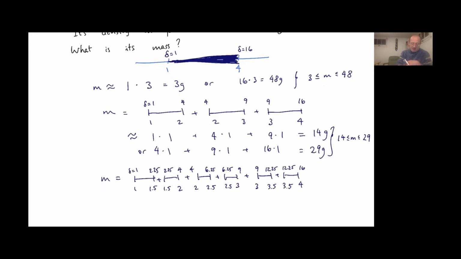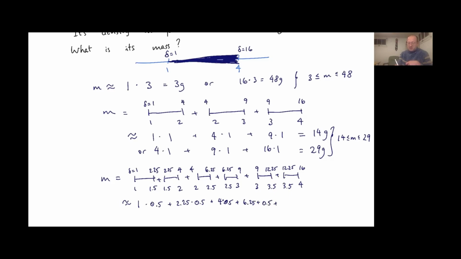So the mass is approximately, well, the density of this first piece is about 1, and it's 0.5 long. Then 2.25 times 0.5 long. Then 4 times 0.5 long. The next piece has density about 6.25, and it's 0.5 long.